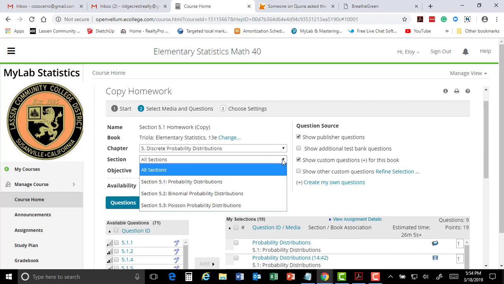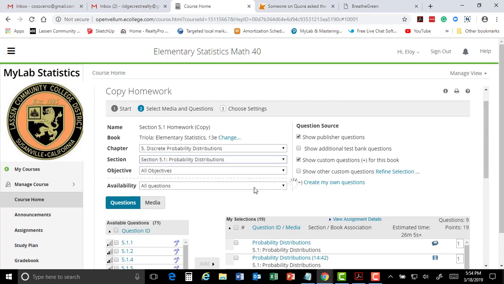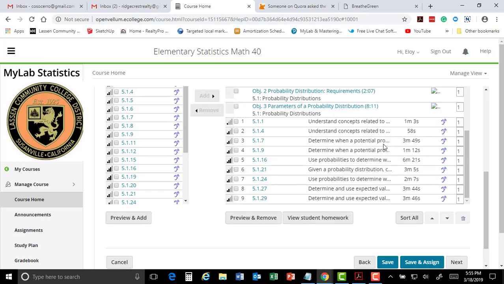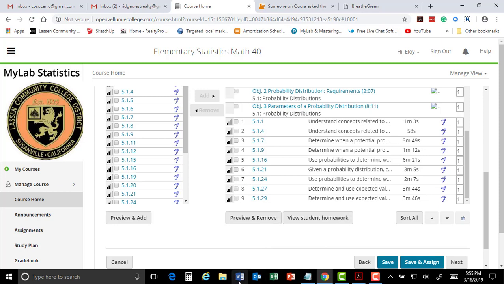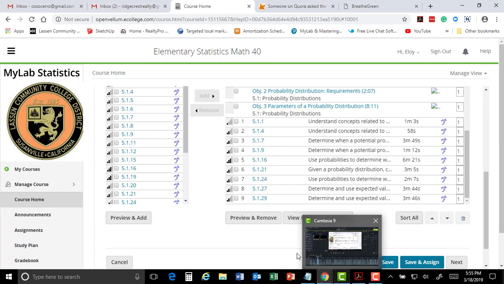Okay. Here we go. Probability distributions. You see these little bar graphs over here on the left? Does anybody know what they are? That's supposed to be the degree of difficulty. And so I can kind of pick out how mean I want to get.